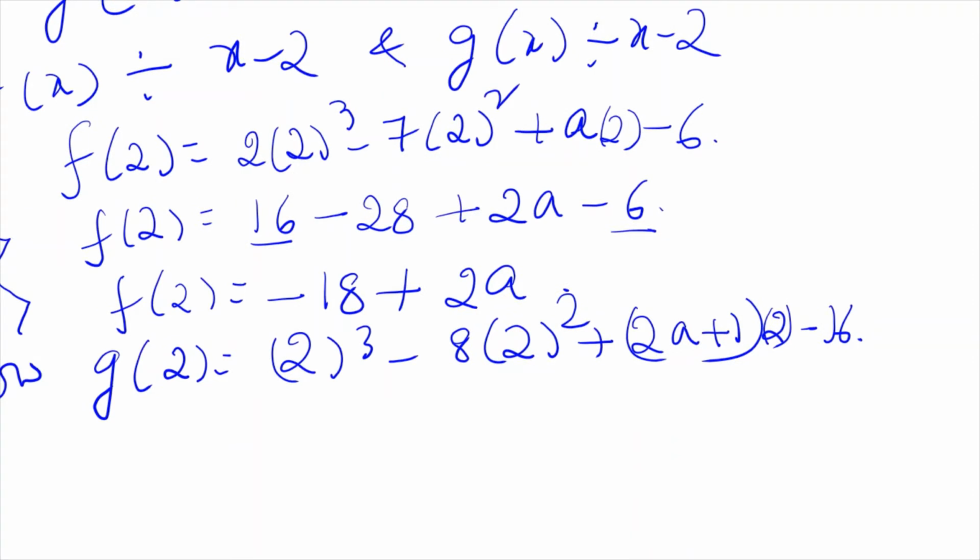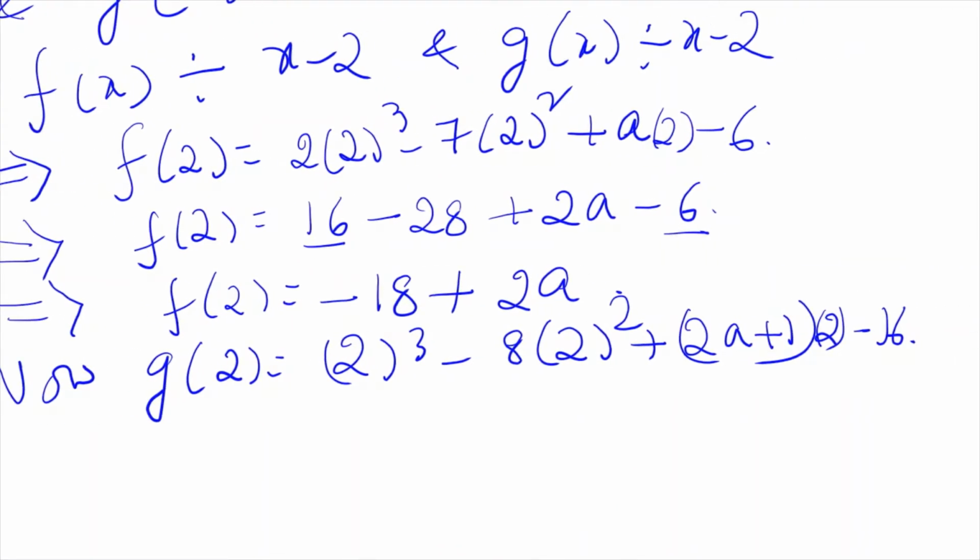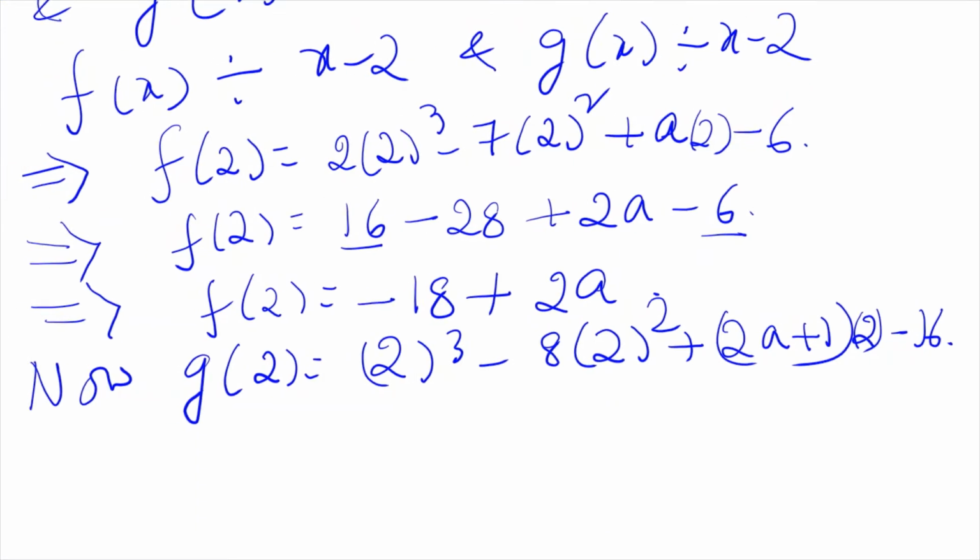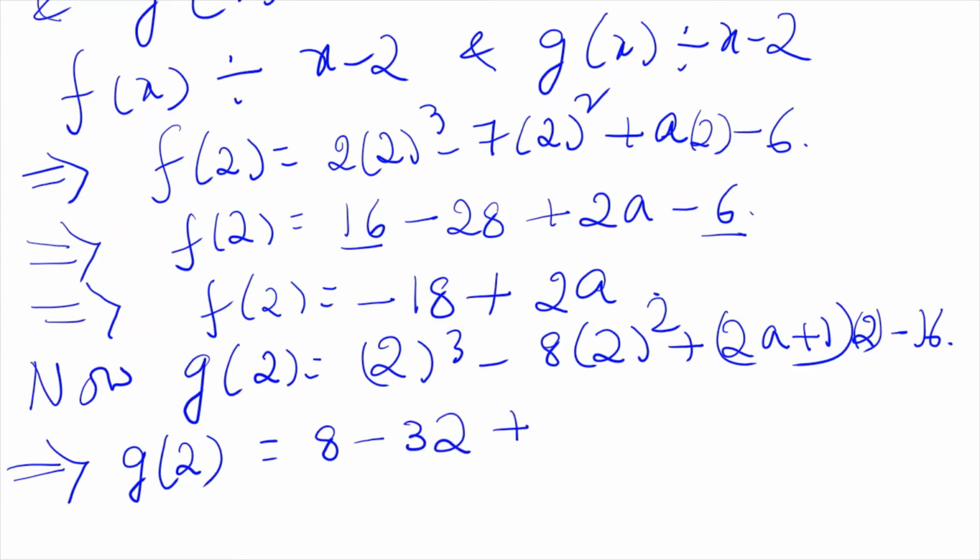So g of 2 is equal to 8 minus 2 square is 4, 4 into 8, 32, plus (2a plus 1) into 2.